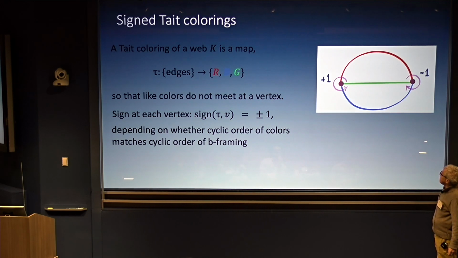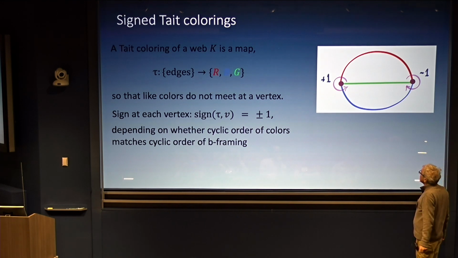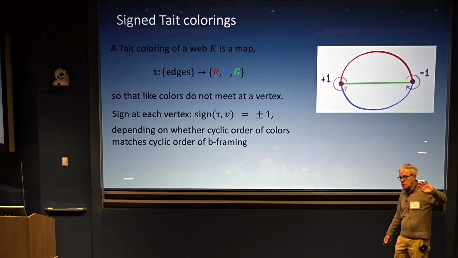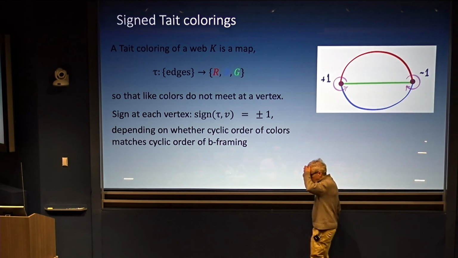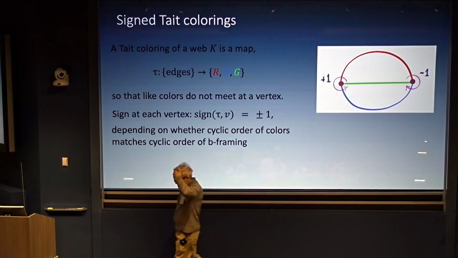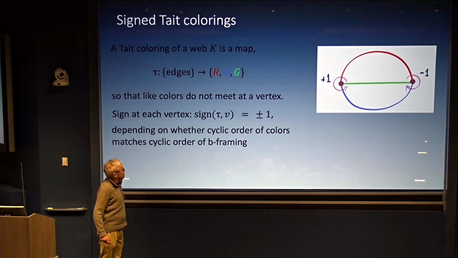In this theta web here, assuming I'm giving it the planar binary framing, so the natural thing is anti-clockwise at each of the vertices, and if I order the colors red, blue, green, then on the left I've got +1 because it's anti-clockwise red, blue, green. On the other side it's clockwise red, blue, green, so that's a -1. So given a Tait coloring at a vertex, there's a sign for a binary framed web.